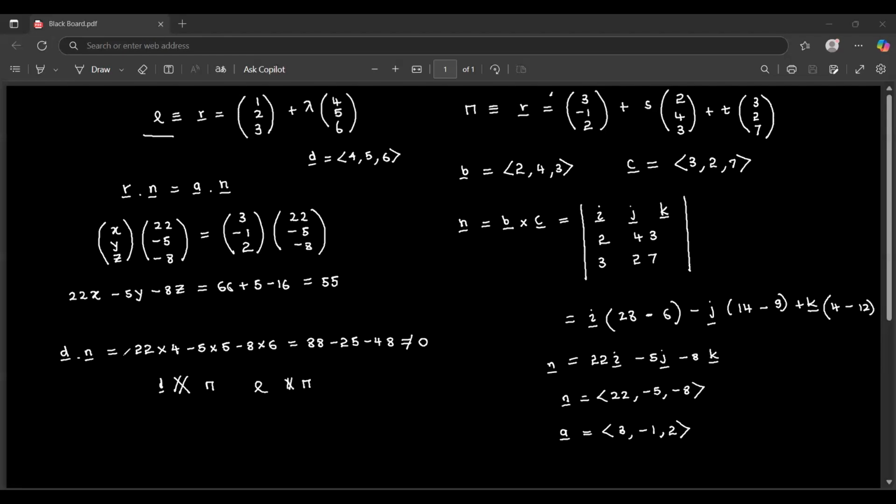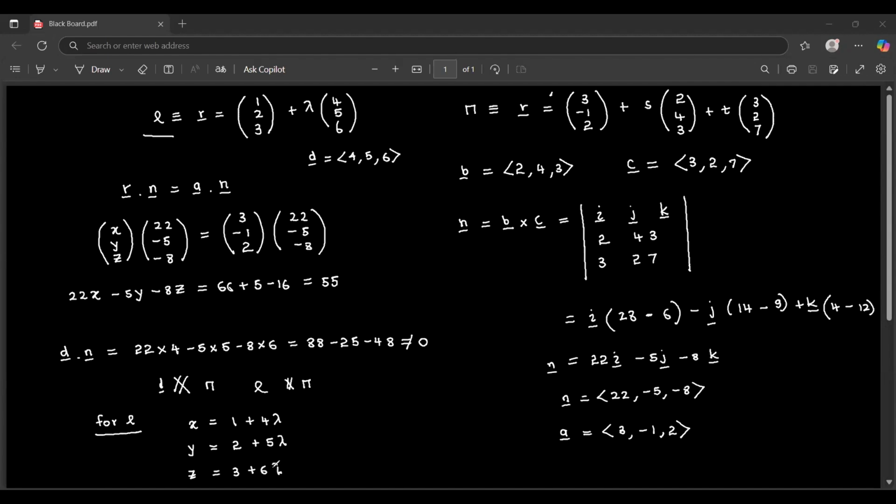So now we can use this to find the intersection point. First of all, let's come up with the parametric equations for the line L. For L, we will have the parametric equations as x equals 1 plus 4 lambda, y equals 2 plus 5 lambda, z equals 3 plus 6 lambda.